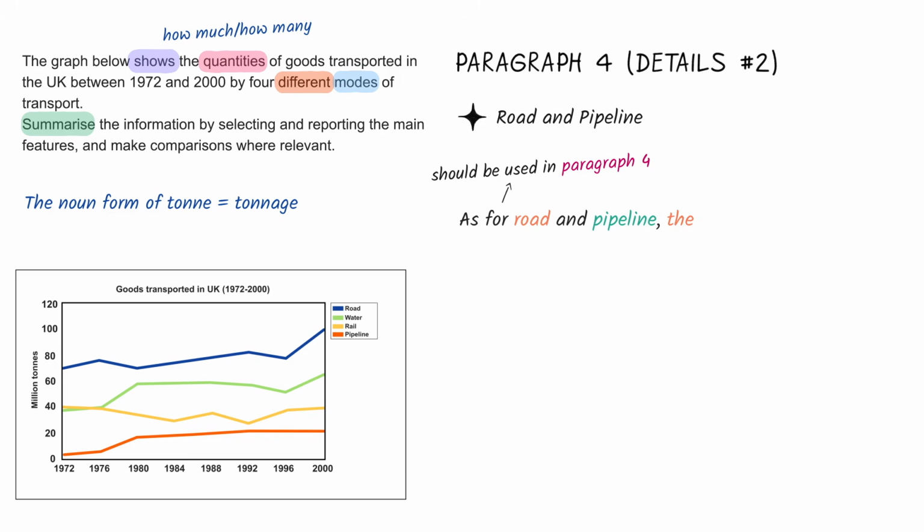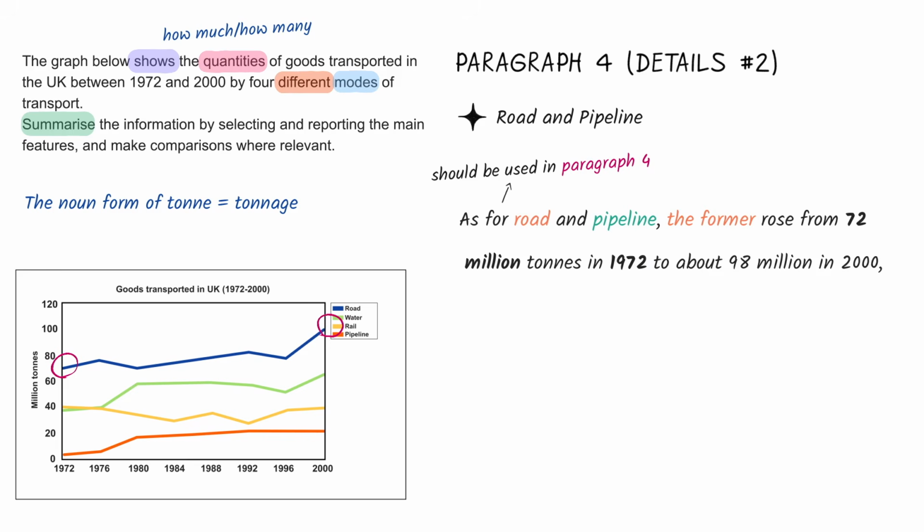So I'm going to write the former, which refers to road. The former rose from 72 million tons in 1972. So the beginning is very important, all right? Rose from 72 million tons in 1972 to about 98 million in 2000. You can see in 2000 it's about 98 million.